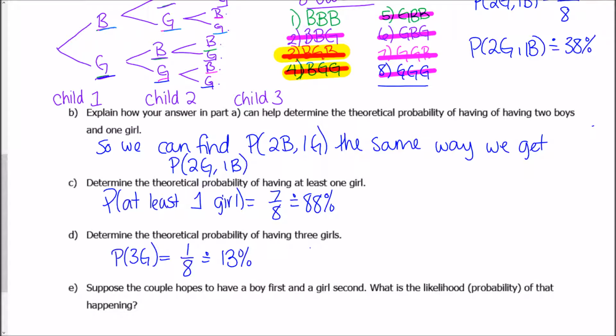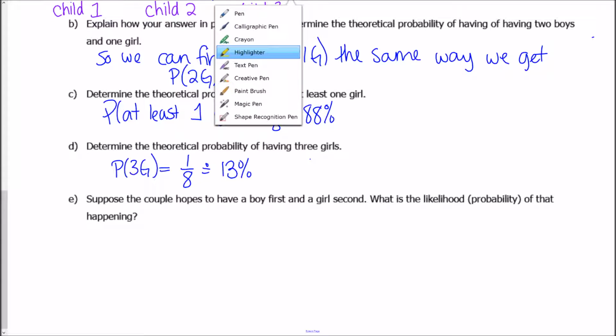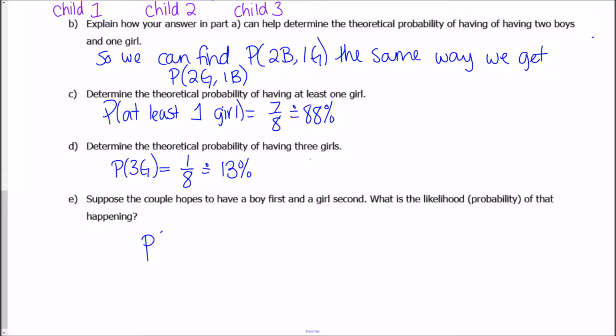And then all the remaining outcomes have a girl first, so none of the remaining outcomes will work. So that means that the probability of having a boy followed by a girl is going to be 2 out of 8, or that simplifies to 1/4, which you guys should know is 25% because a quarter is 0.25, like a quarter is 25 cents.